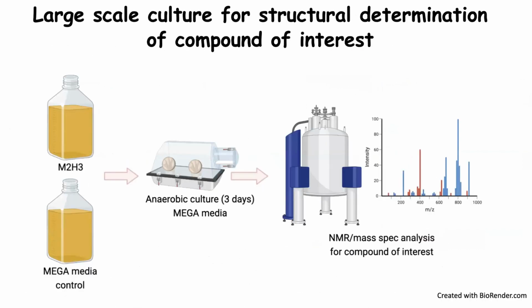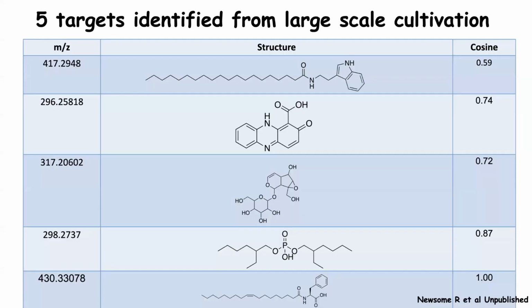And we took a large scale approach, cultured liters of this bacteria that produce that small molecule, and did NMR and mass spec, which is more precise for molecule identification. And we were able to identify these molecules, okay?